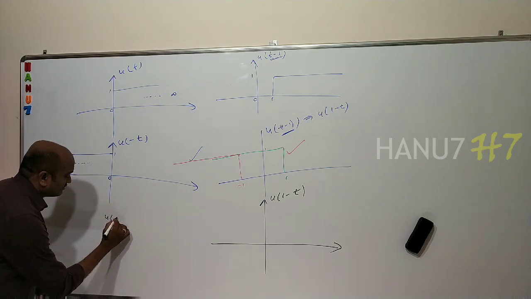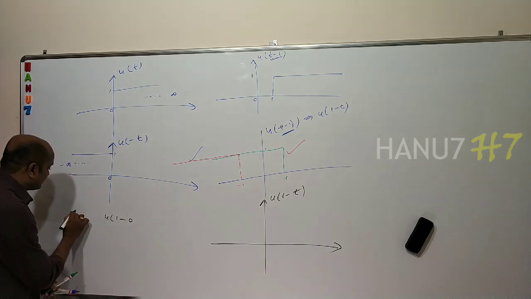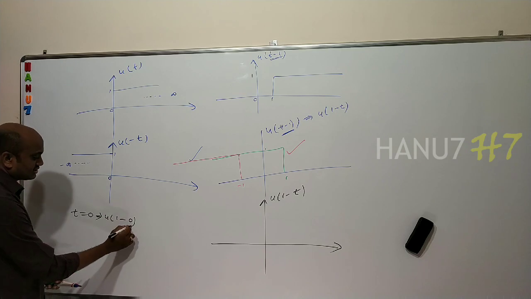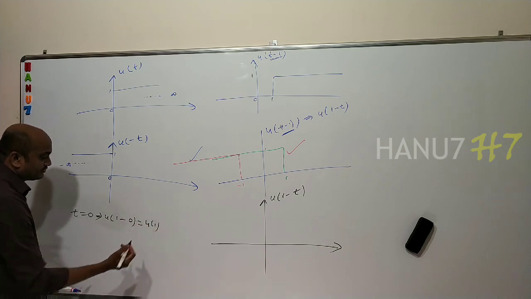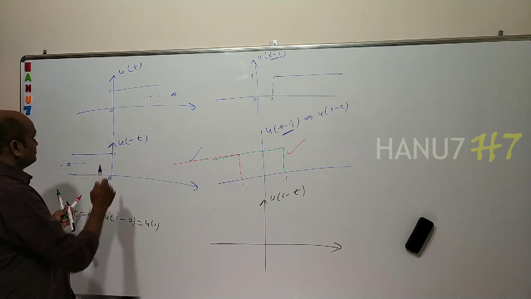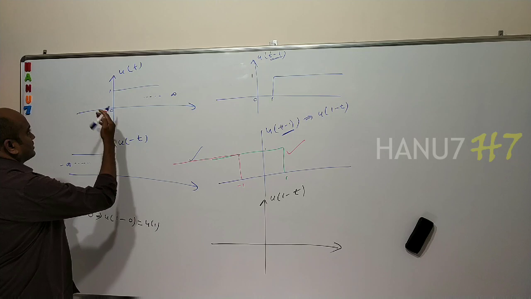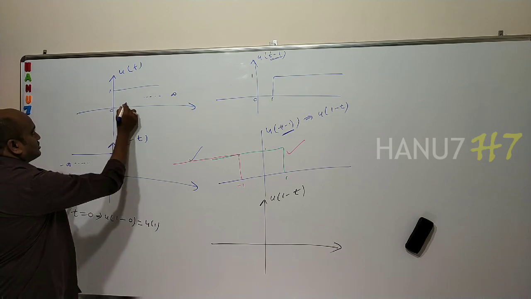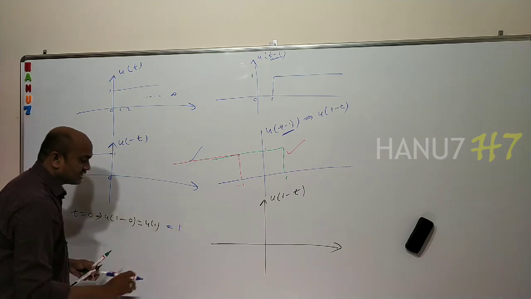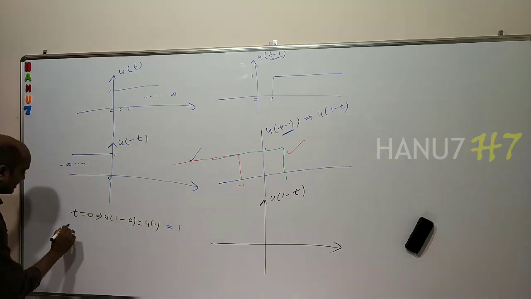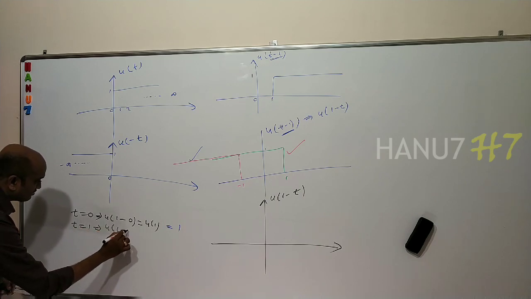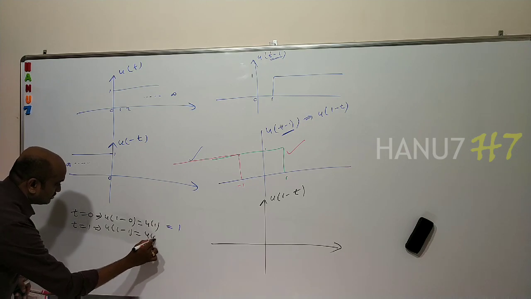U of 1 minus t, I will take t is equal to 0 first. That will become u of 1 minus 0, that is u of 1. According to the definition of unit step, what is u of 1? U of 0 is 1, u of 1 is 1, u of 2 is 1, so on up to infinity it is 1. So this will become 1. Take another value, t is equal to 1, that implies u of 1 minus 1, that is u of 0.